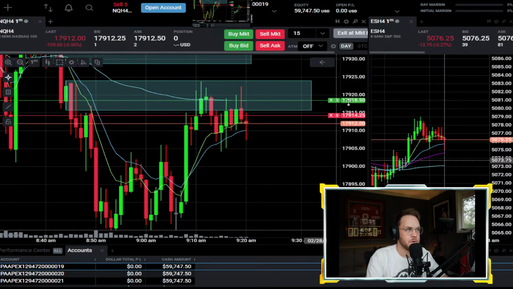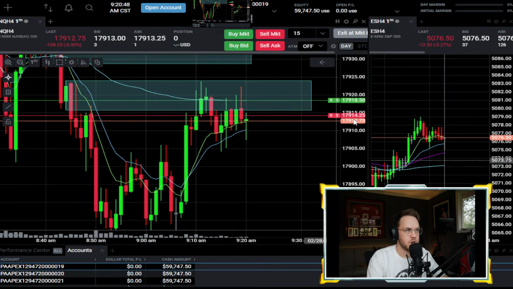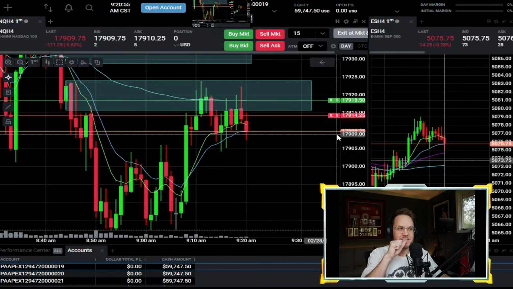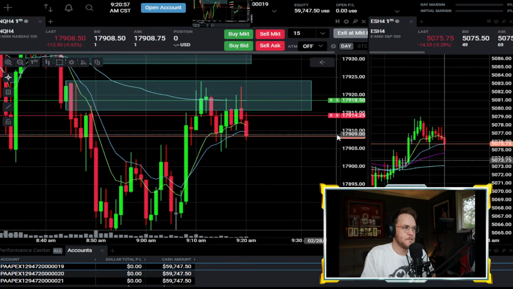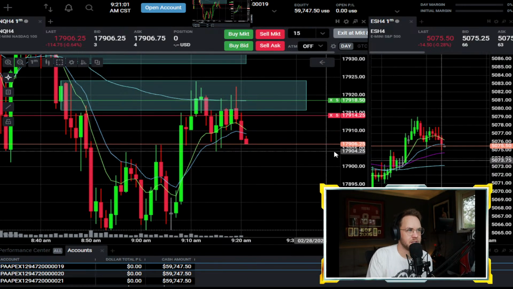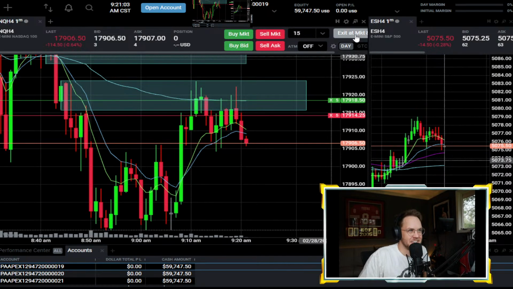I have my stop loss up here, and my order is right here. I'm going to try to get in here at 914. Oh, it missed me by a tick. Dang, and we're about to break down. Oh, it missed me by a tick.